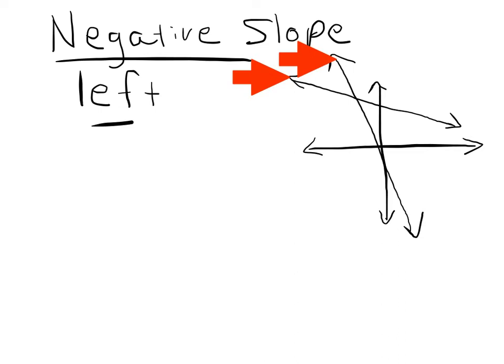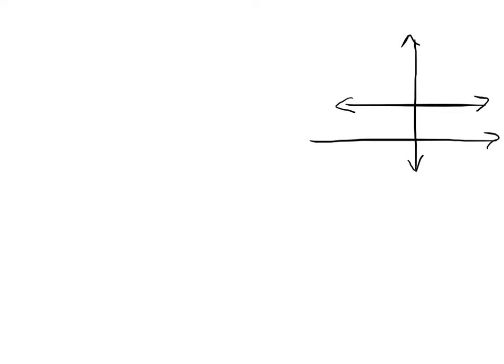Now, what if I have a picture that looks something like this? Here's my coordinate plane. Again, put arrows at the end because it keeps going on forever. And my line looks something like this. Whenever you see a line that's going straight up and down or straight left and right, I want you to think about sledding.